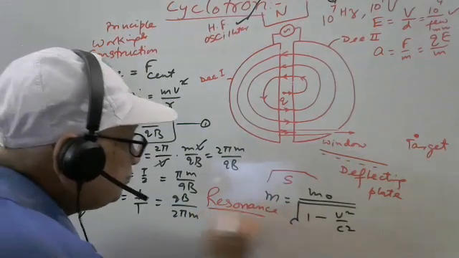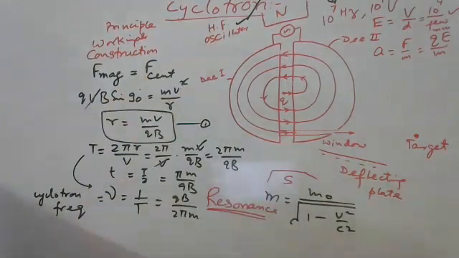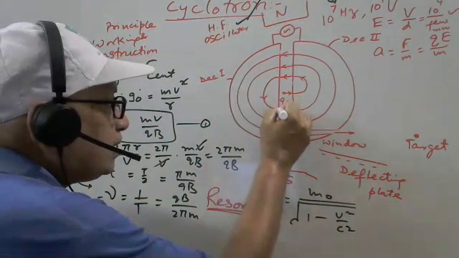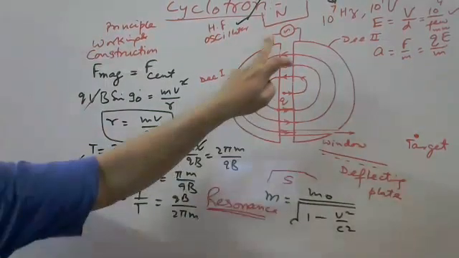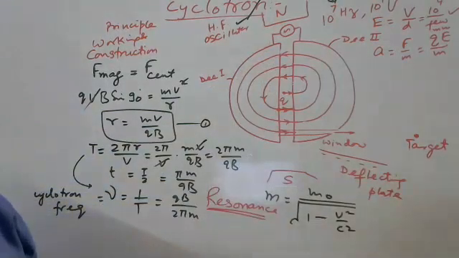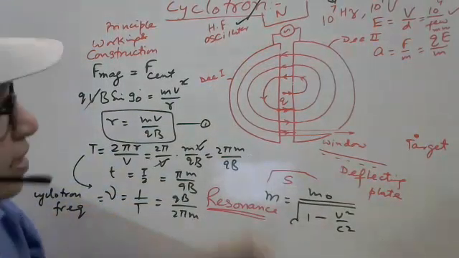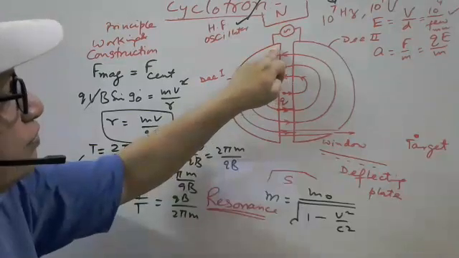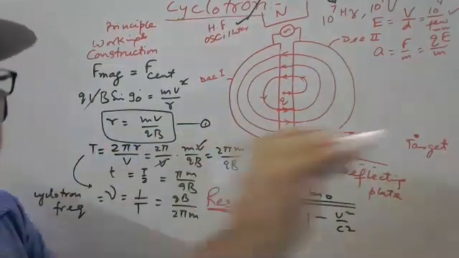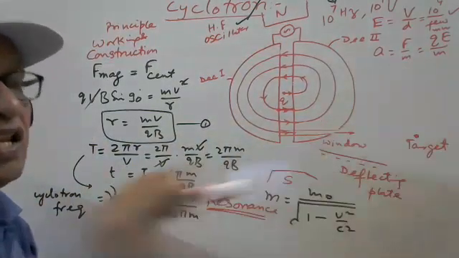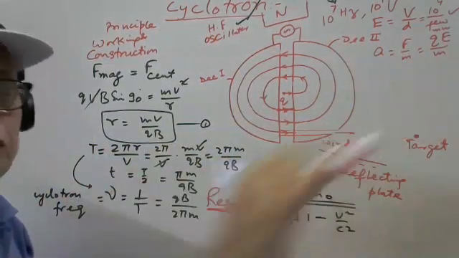Resonance means that as soon as the charged particle is here, it is moving from left to right. In that course of time, during the same time duration, mind it, the electron must go from left to right so that it accelerates. The charged particle is moving here and the electrical field is directional, so the force is in the direction of acceleration, and it accelerates.